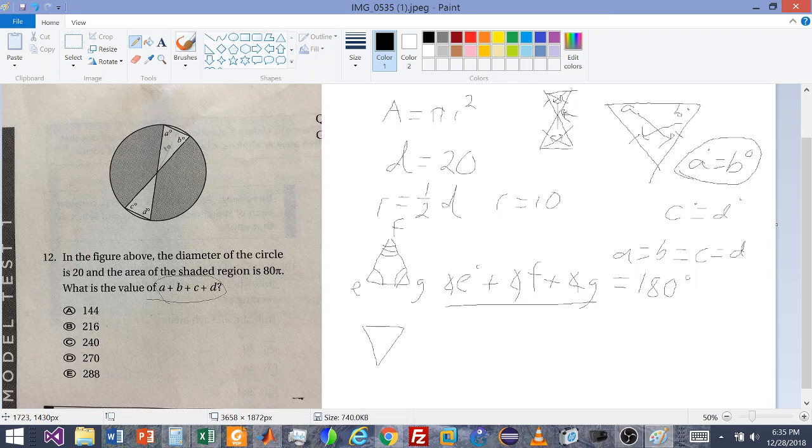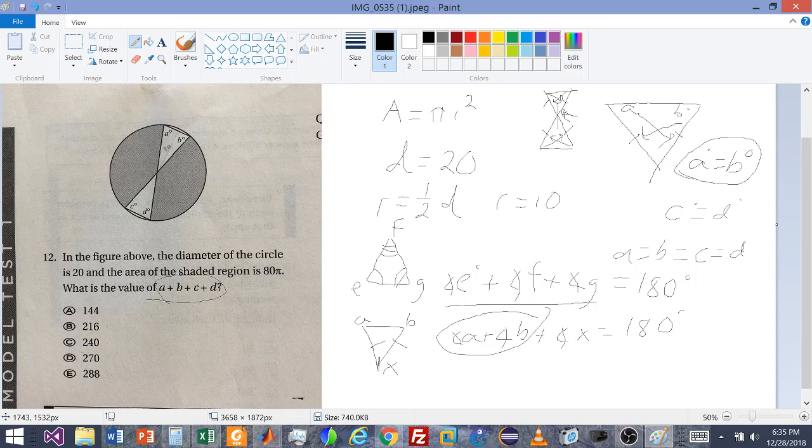Right here we have A and B, and we don't name this center angle anything, so I'm going to go ahead and name it now. I'm going to name it X. So we know that angle A plus angle B plus angle X equals 180 degrees. But these two are the same, because it's isosceles, right?